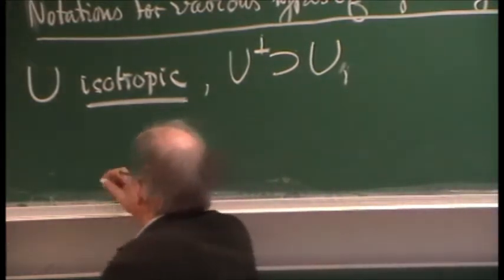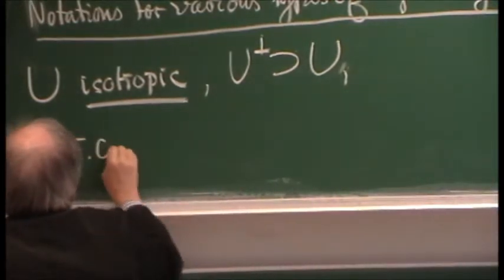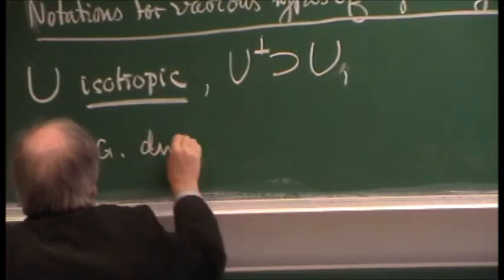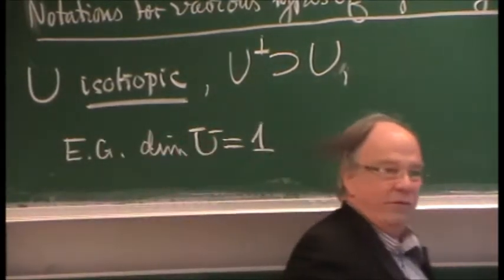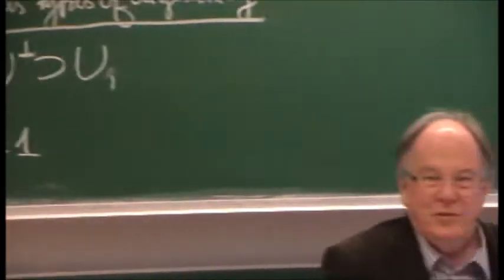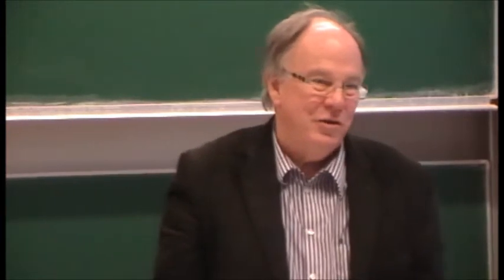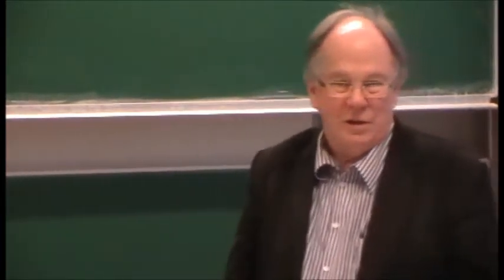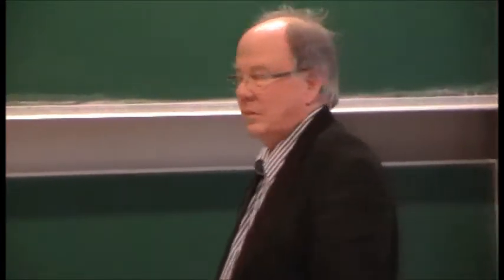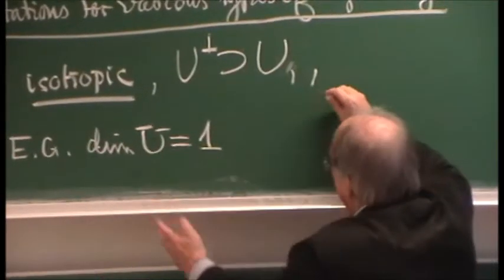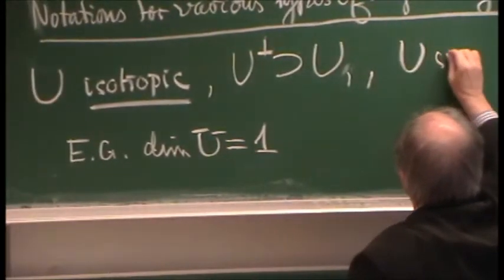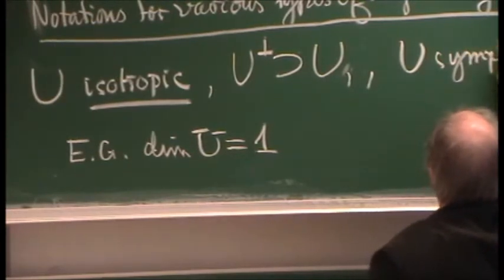So, a stupid example for this, but maybe not so stupid. If it's one-dimensional, then the form restricted to it is degenerate, so its orthogonal complement contains it. Another possibility is the other way around: U is symplectic itself.